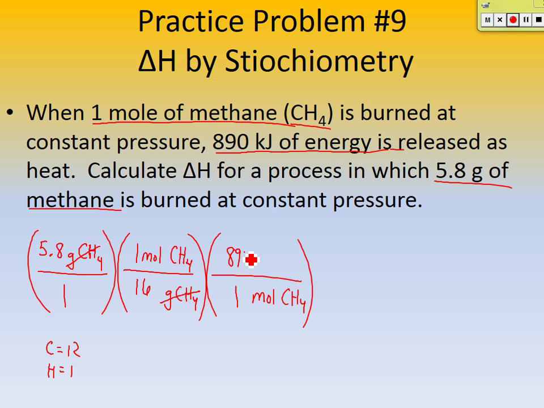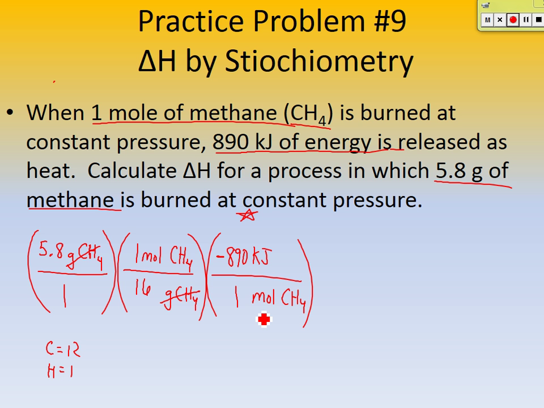So I'm going to put 890 kilojoules on top. But it's releasing it, so is it going to be positive or negative? Negative. Yeah, our Q or the sign here, it's got to be negative because it's releasing that heat. So that conversion factor that we made, in 1 mole of methane, 890 kilojoules of heat is released. Okay, you've got to be able to put that at the very end.